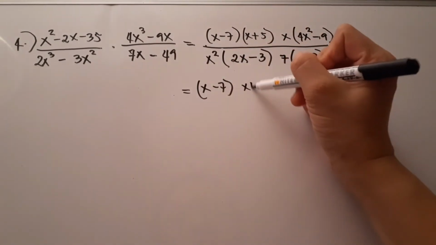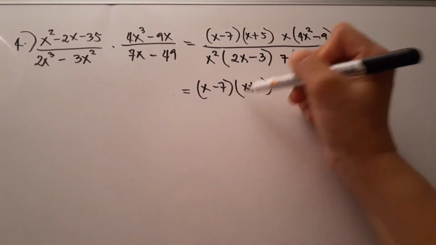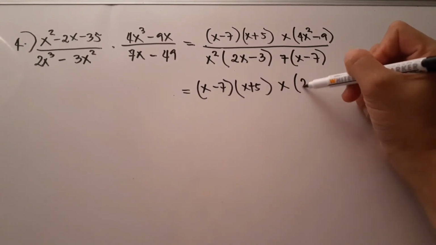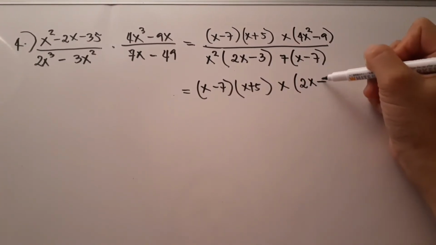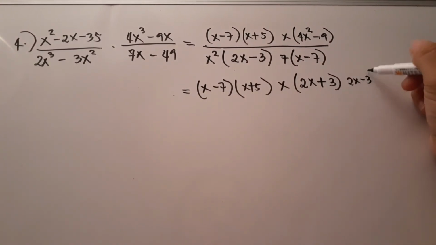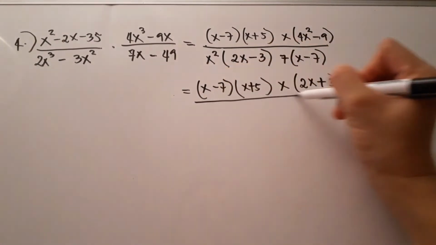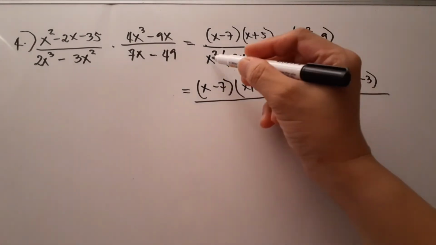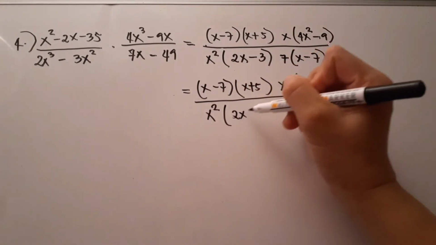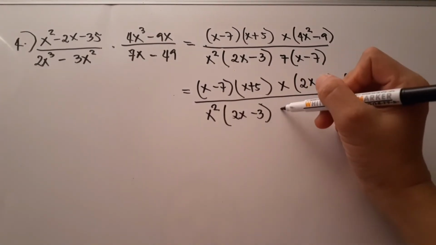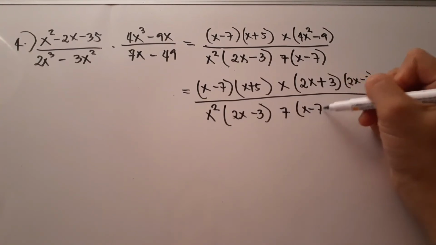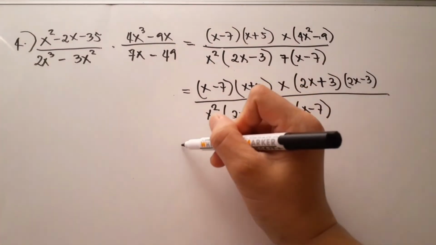x minus 7, x plus 5, x, and 4x squared minus 9 we can factor because this is a perfect square, so 2x plus 3 and 2x minus 3. This is the difference of two squares formula. And then copy the denominator, x squared times the quantity 2x minus 3, then 7 times x minus 7, and then simplify.